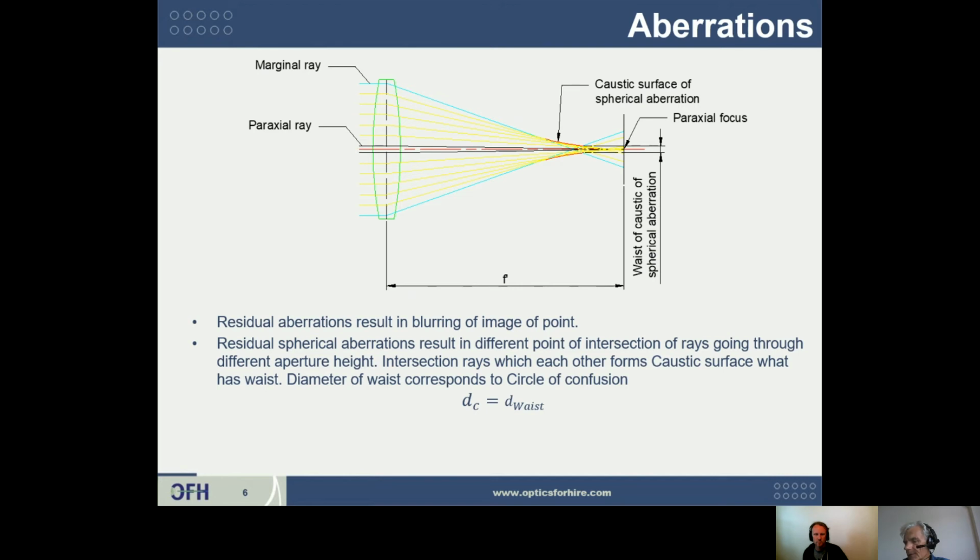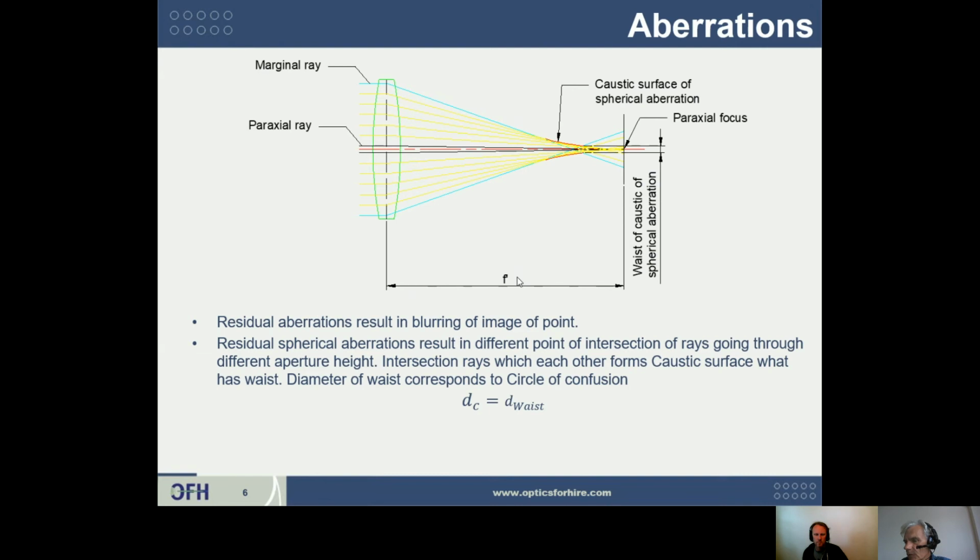This slide shows the influence of spherical aberration. Spherical aberration has some best focal position, and in this slide it corresponds to the waist connected with spherical aberration.